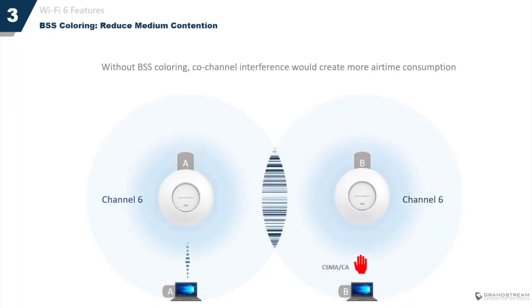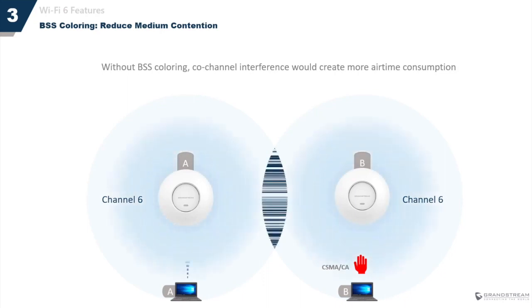As you might know, wireless devices use a mechanism called CSMA-CA to sense when the wireless medium is busy or available for transmission. And this mechanism is used to avoid collision among stations transmitting over the same channel.